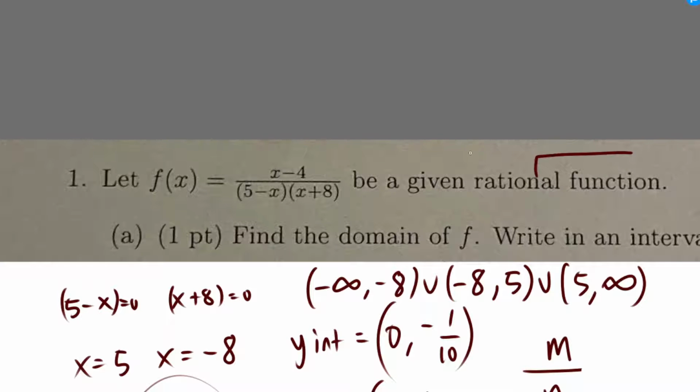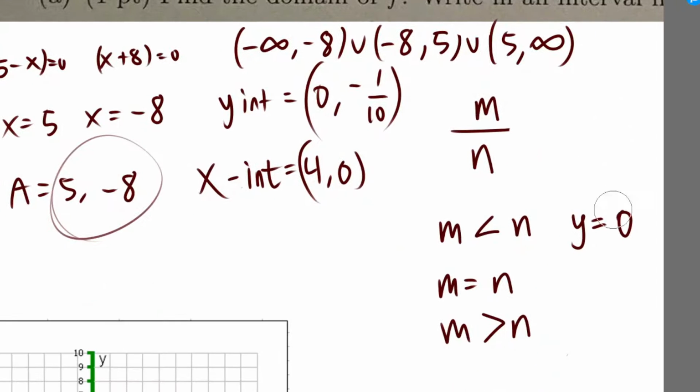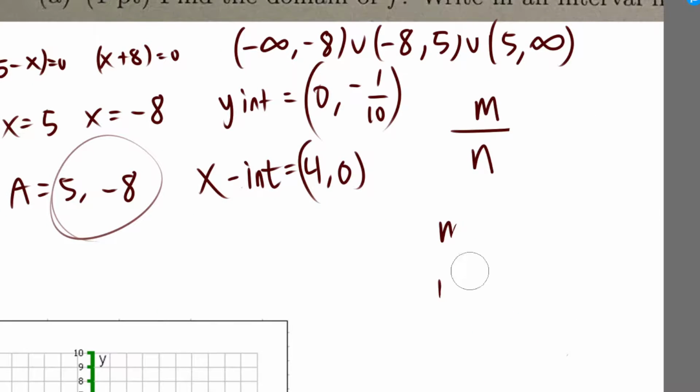You don't really care about the remainder as much. You just worry about the quotient, and that is your oblique asymptote.